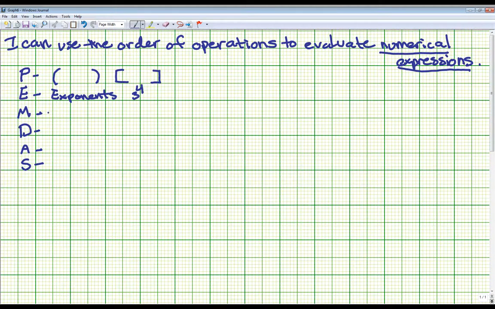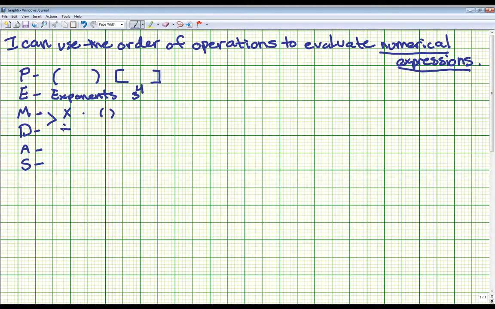M and D are actually done on the exact same step. So the M is for multiplication, and we can use a multiplication sign like that or like that. A dot will be a multiplication sign. You can also use parentheses to show multiplication. Lots of different ways to show multiplication. Division, you can also have a lot of different ways to show division.